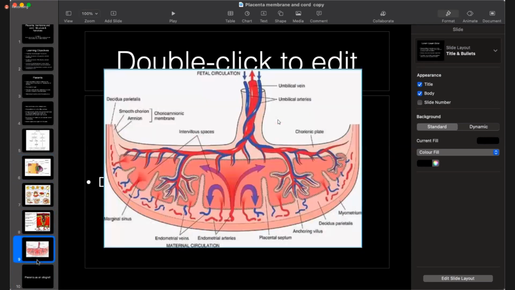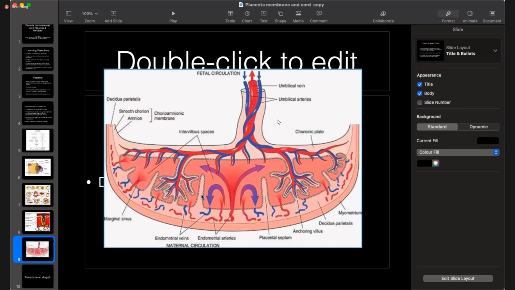If you look at this picture, it will explain. You need to understand this villus structure covered by all these finger-like projections. These finger-like projections are called cotyledons. Once you go to the labor room, you will see the midwives and nurses.